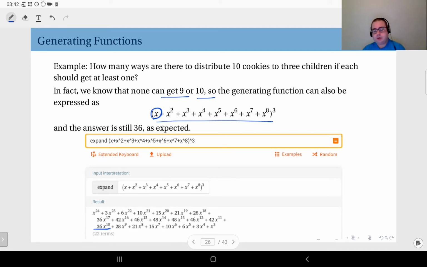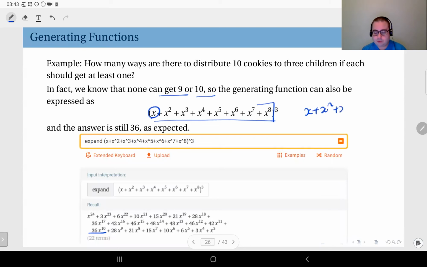But if you are not really expanding the generating function, but looking for analytical solutions, instead of truncating it at x to the power 8, just continue this towards infinity, in which case you will have x plus x squared plus x cubed dot dot dot to the power 3.